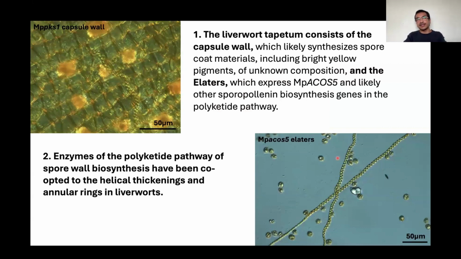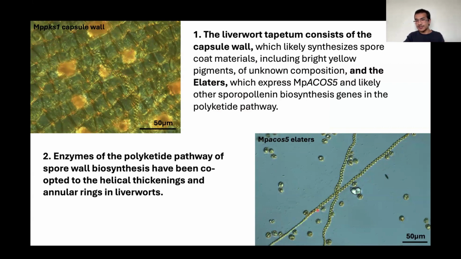And all these results can tell us a few important takeaways about liverwort and land plant evolution. Firstly, the liverwort capsule wall is the one producing the yellow pigments required by all the cell types in the sporophyte.